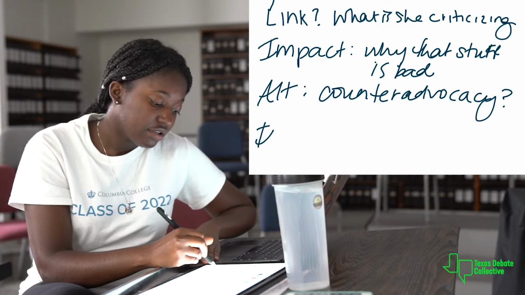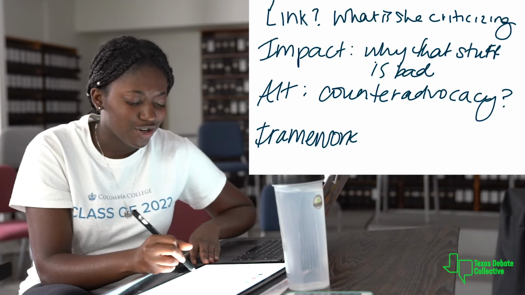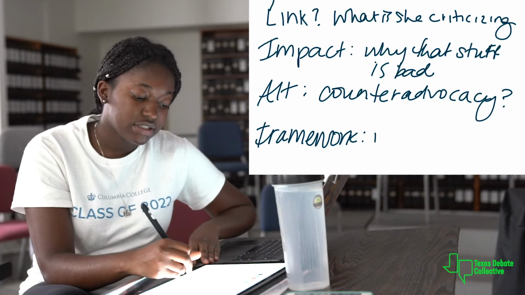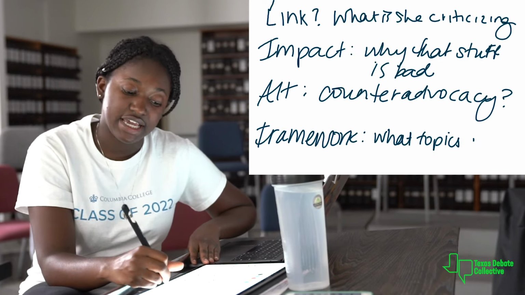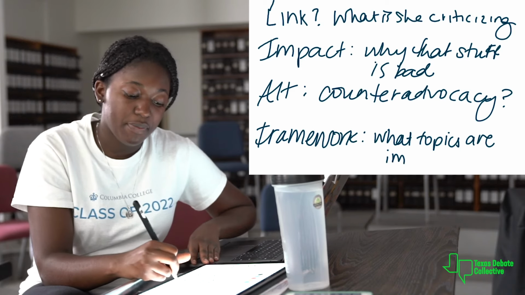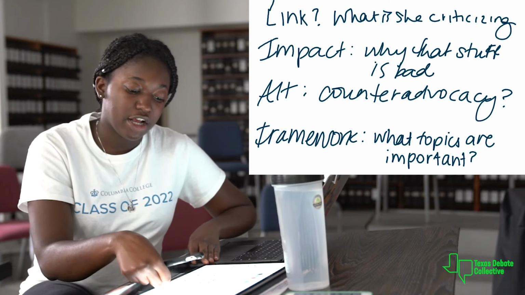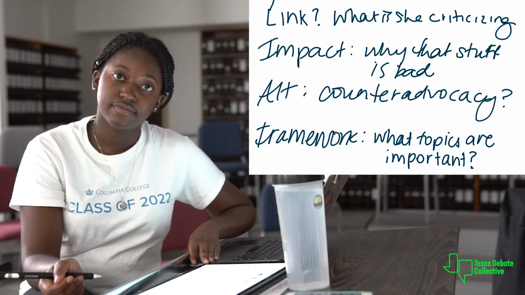And then obviously, the framework for this is kind of hard to determine, but think about what topics are important to Hedva. So, what topics are important in this article? And that might help you frame the debate and or frame the critique. Okay?